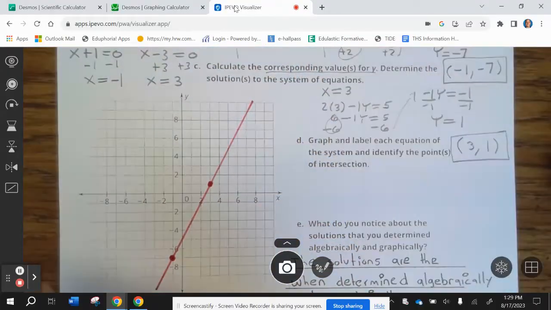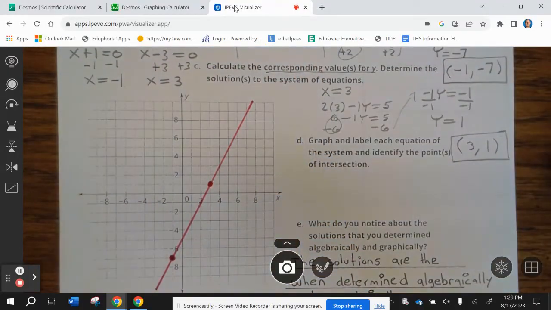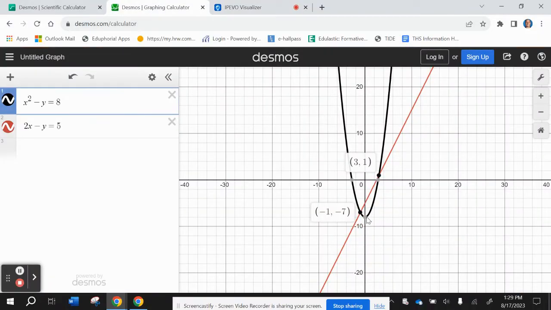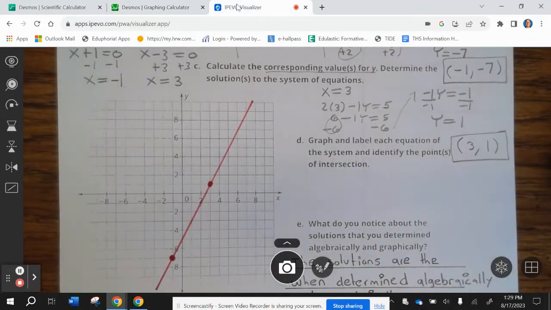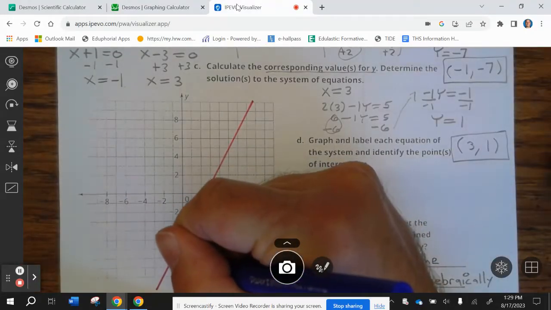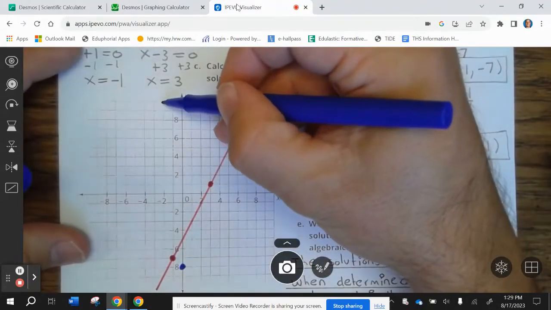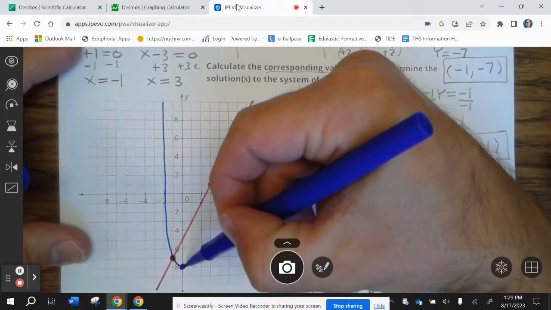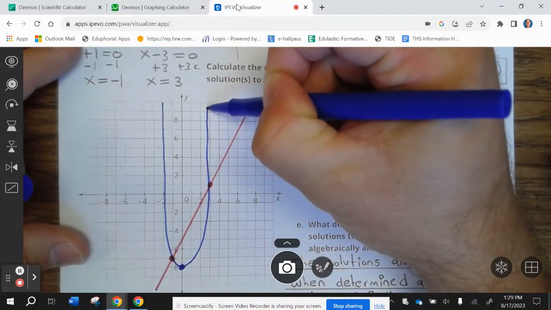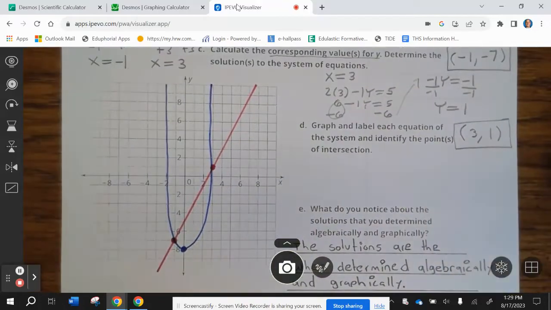Now, those points are also part of the parabola, so we just probably need one more point. For the parabola, 0, negative 8 works. So let's use that. And we know that the parabola goes through this point, back up through this point.